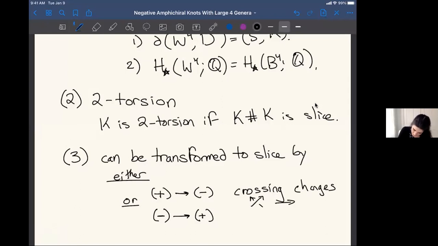And remember, everything is oriented, so that's fine. And changing them to negative, or vice versa, taking a bunch of negative crossings and changing them to positive.